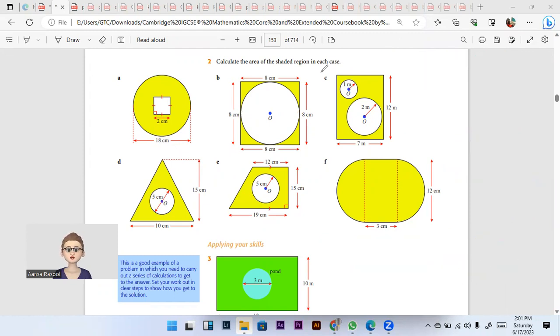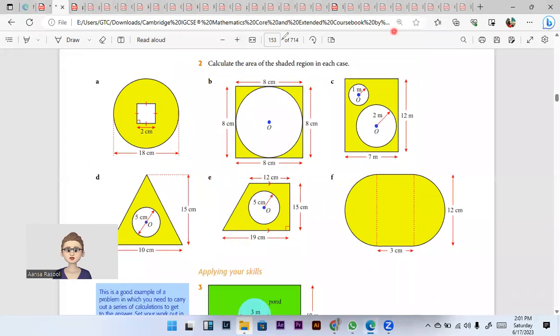Next is to find this one. I will zoom a little bit so that you can see. So here are two circles. Firstly, I will find the area of the smaller circle. Area of small circle will be pi. Here the radius is already given, so I don't need to find the radius. So pi 1 squared will be 3.14 centimeter square.